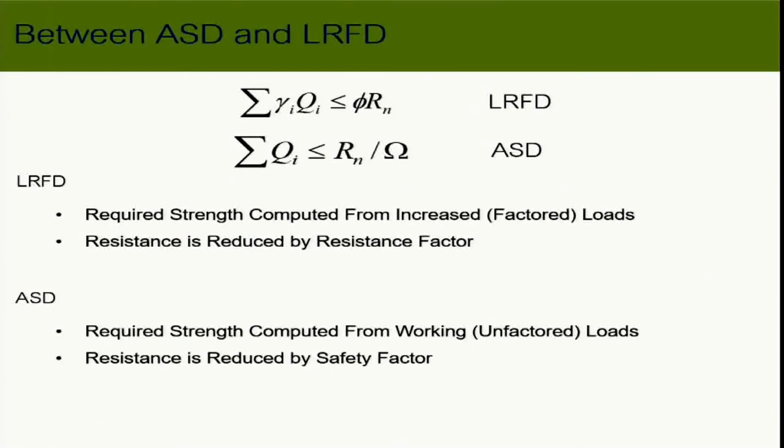So if you know the right words, when you talk to foreigners, you have a common understanding and you can understand each other. And on the ASD, it's a working load, unfactored, or service load. That will be compared with the resistance, which will be reduced by the factor of safety.